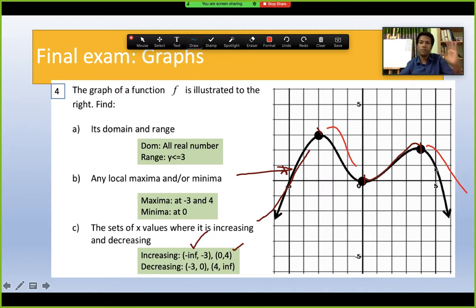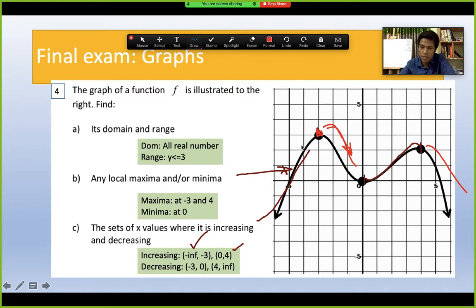If you come from left to right. Here is another technique for those who are confused. If you can identify one side of a point, suppose this is a point, ask yourself: is this side increasing or decreasing? If you notice that this side is decreasing, then the other side must be increasing.